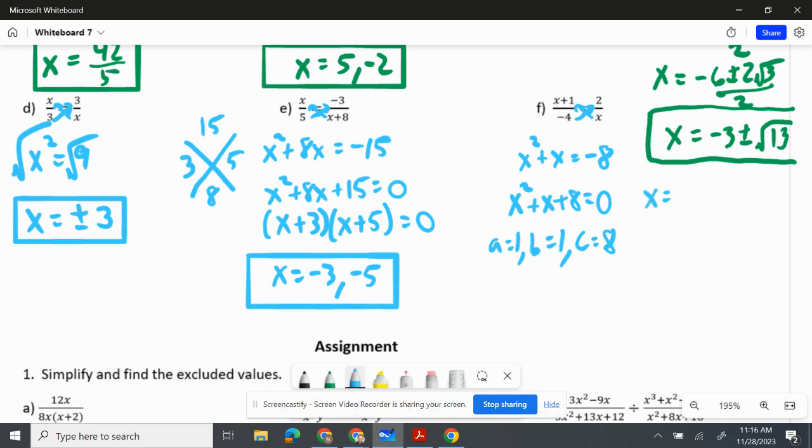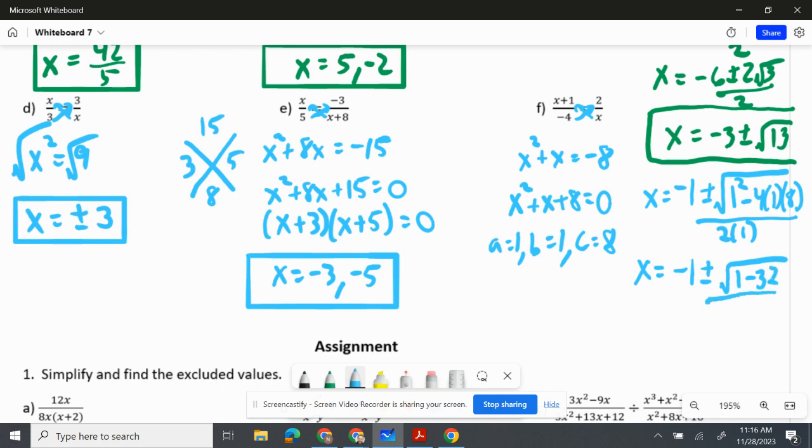So x equals negative 1 plus or minus the square root of 1 squared minus 4 times 1 times 8, all over 2 times 1. So x equals negative 1 plus or minus the square root of 1 minus 32 over 2.